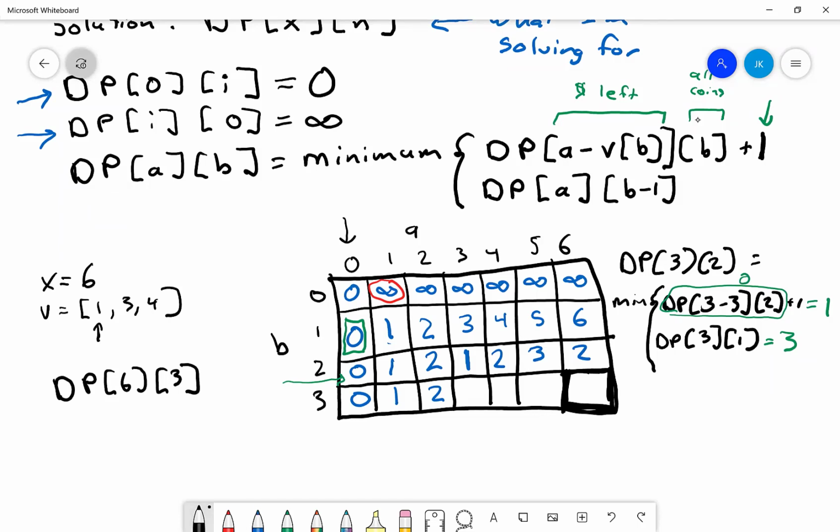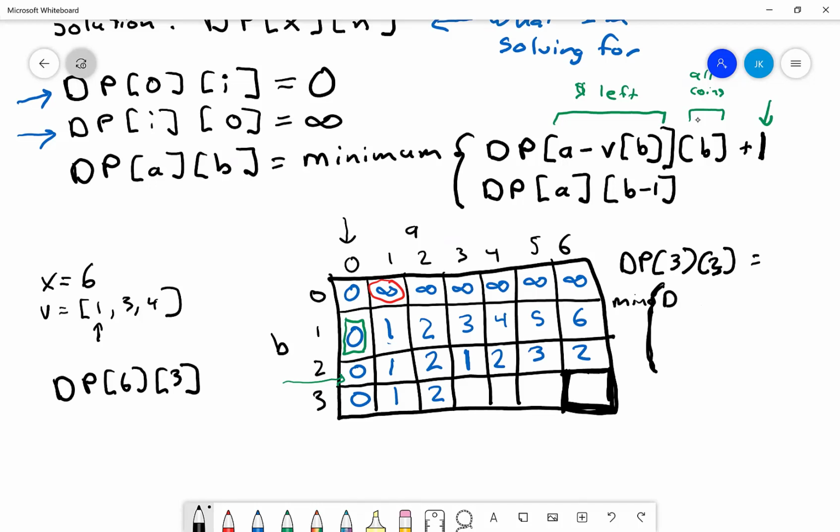But let's go ahead and take dp of 3 and 3 in this case. So dp of 3 and 3. So I will erase all of this. Okay, so if it's 3 and 3, it means we have coins 1, 3, and 4 available to us. It should be kind of obvious that we can do this with 1 coin.